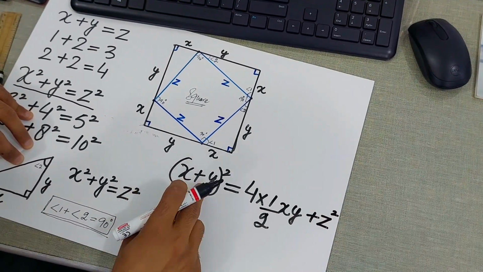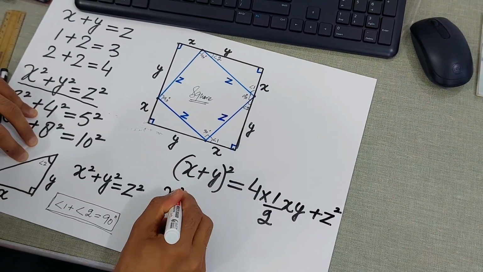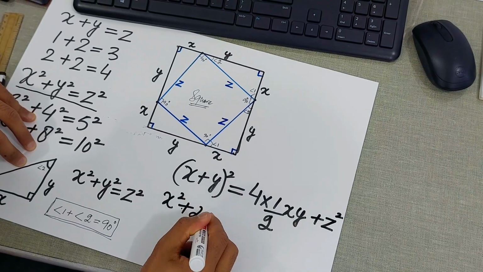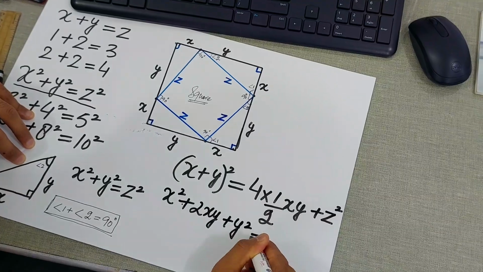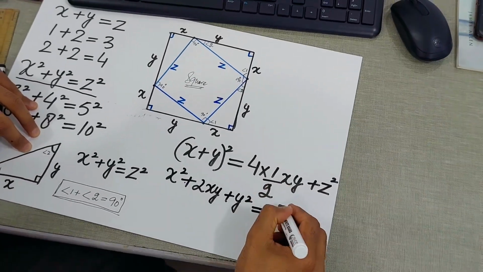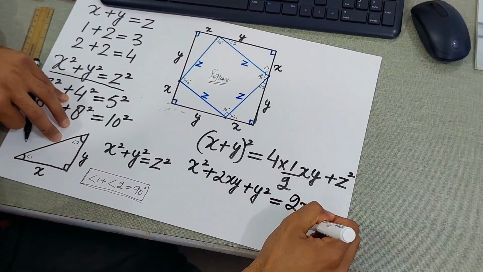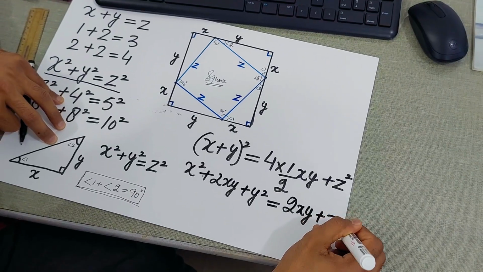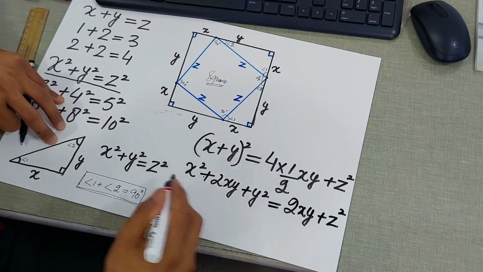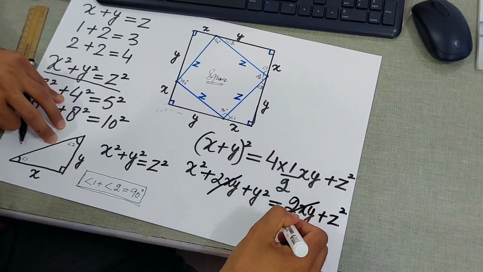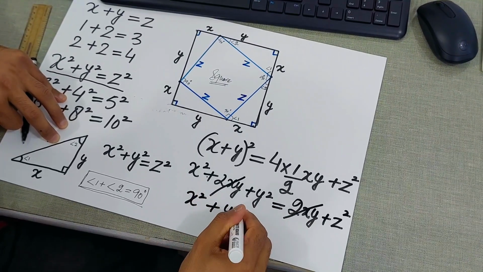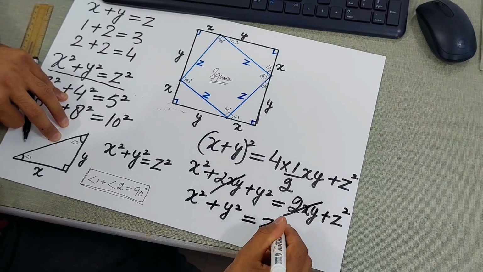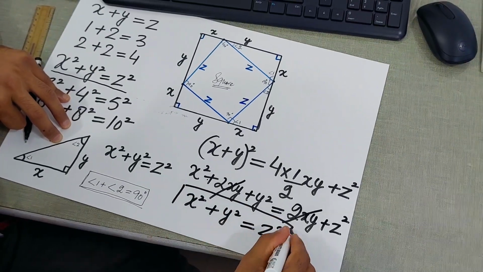We know that x plus y whole square is equal to x square plus 2xy plus y square. On simplifying this, it will be equal to 2xy plus z square. Upon cancelling 2xy and 2xy, we get x square plus y square is equal to z square, which is the Pythagorean theorem.